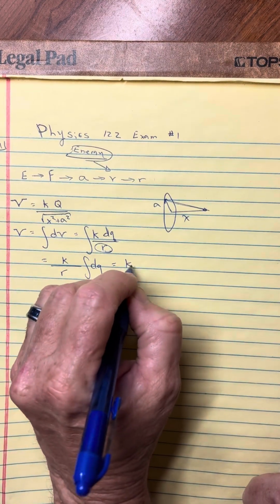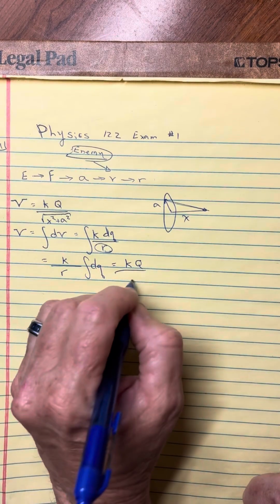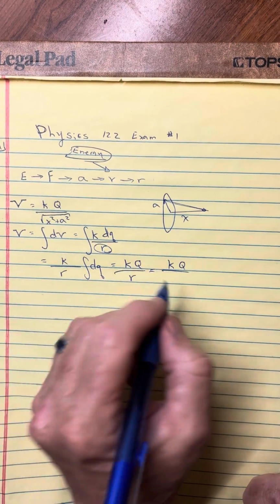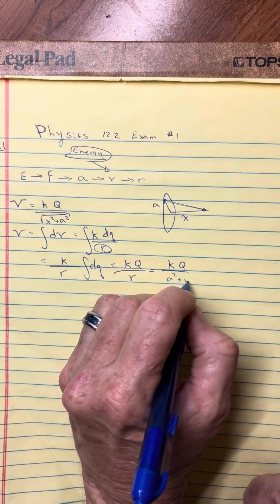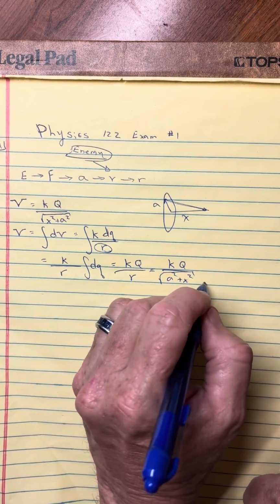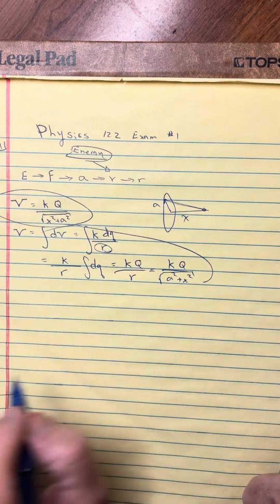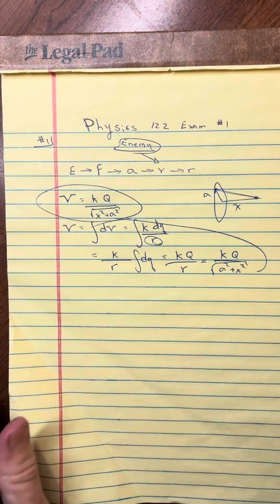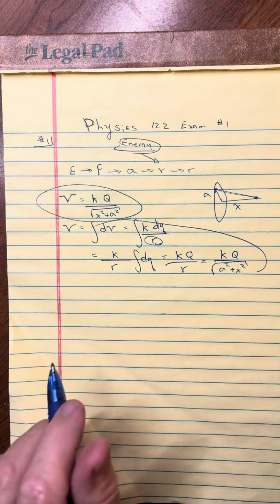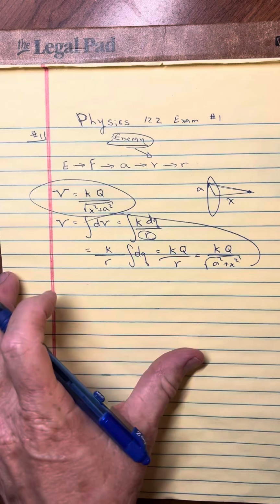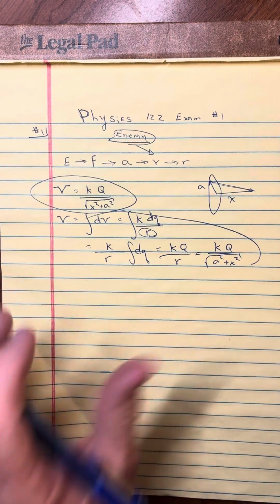Then you just get k times Q, where Q is the charge of the ring and r is the distance away. Using Pythagorean's theorem, it would be the square root of x squared plus a squared. And so that's where this comes from. Either derive the potential yourself or look it up in the example problem we did. But all of those hopefully look familiar to you.